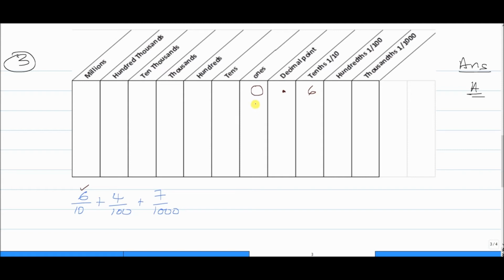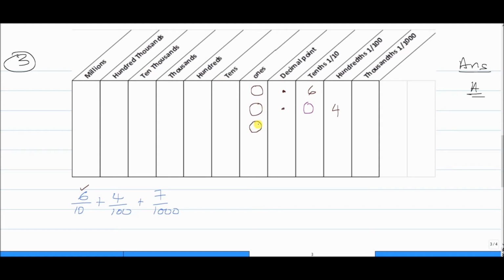Moving on to our next number, we add our 0 and our decimal point, and now we have 4 parts out of 100, so we'll put our 4 here. But in writing, we'll put a placeholder so that we have them stacked properly, column under column. And finally we have our 7 thousandths.